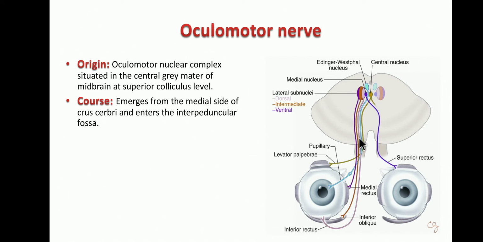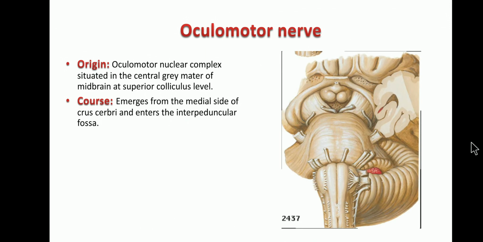So the fibers emerge from the medial aspect ventrally. They travel along the substance of the midbrain and emerge medially through a depression, which is called the interpeduncular fossa. So there you are able to see the section of the anterior part. This is what we saw as the crus cerebri. So from the medial part, the oculomotor nerve is emerging from the interpeduncular fossa.